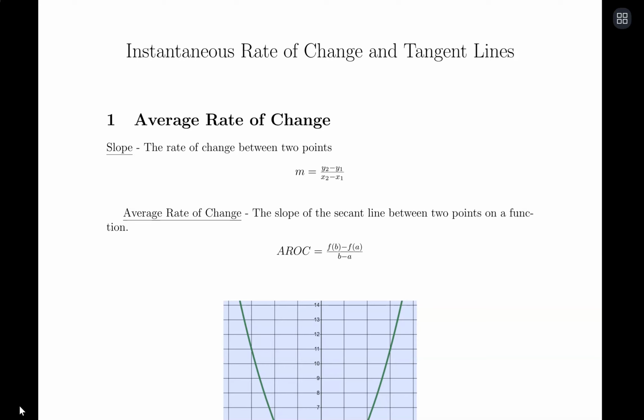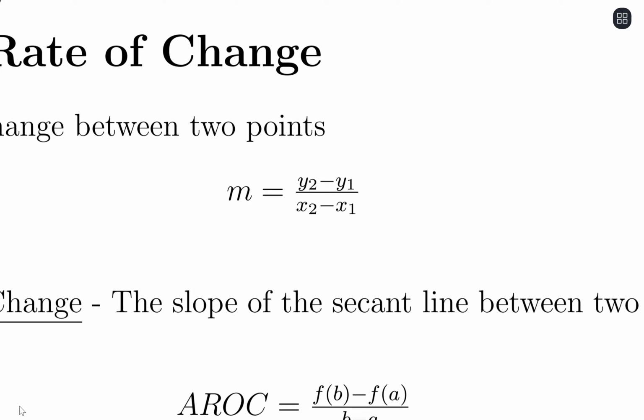So this ties to the idea of slope. The slope is considered the rate of change between 2 points. The notation that we've used previously for slope is the letter m.